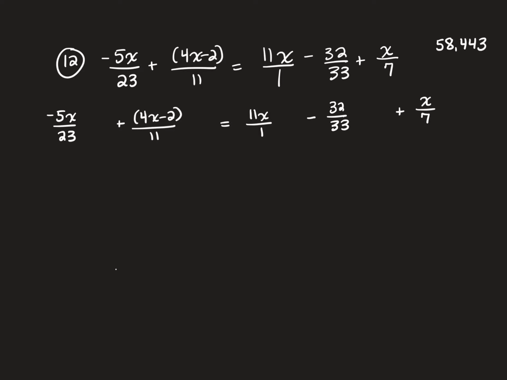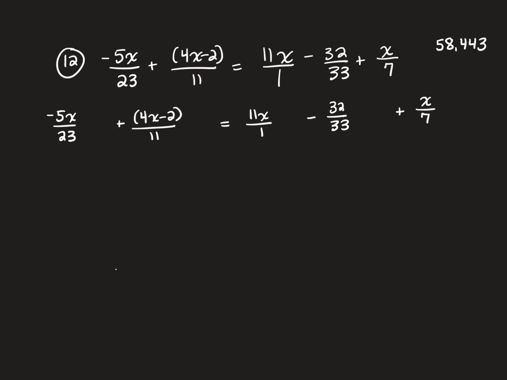All right, so now that I have each term written with a little more space, I need to think about what I would have to multiply this fraction by so that my denominator is this number. Now you might be asking, how did I get that number? You can always get a common denominator by just multiplying all of your denominators together. And that's all I did. I did 23 times 11 times 33 times 7. And there's not a smaller one. I wish there were, but there's not.